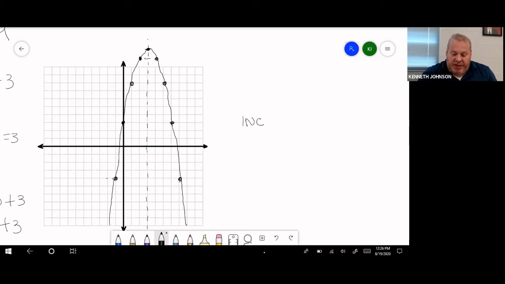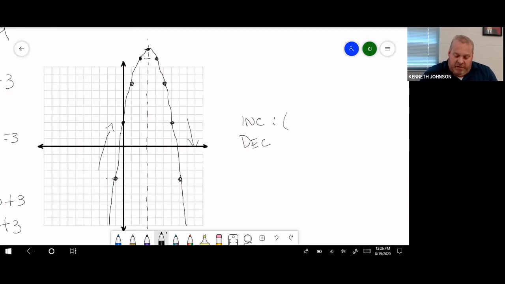If I was asking, when is it increasing and decreasing? Well, it looks like it's increasing on this side and decreasing on this side.